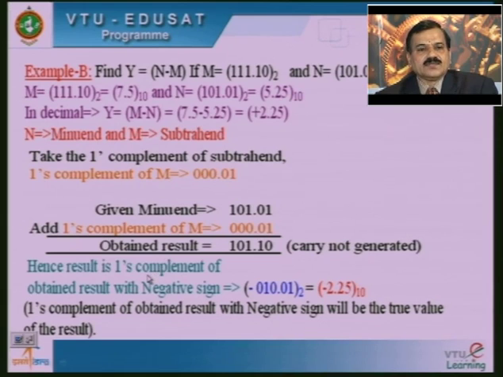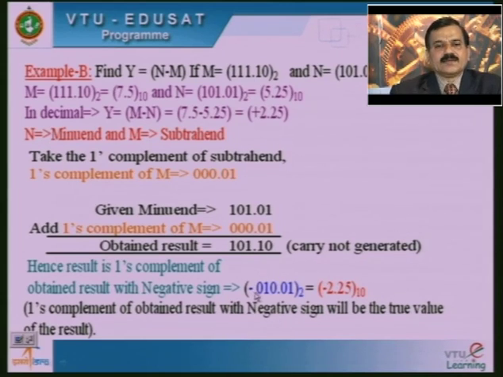Hence the result is the one's complement of the obtained result with a negative sign, as we have already seen in the procedure. Therefore in the obtained result, 0 is treated as 1 and 1 is treated as 0: this 1 is written as 0, this middle 0 is written as 1, and this extreme MSB 1 is treated as 0, with a negative sign.